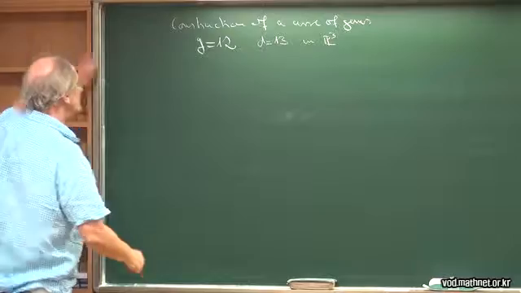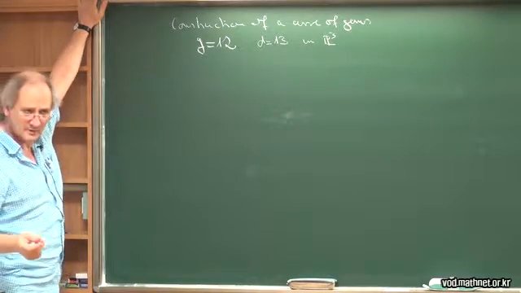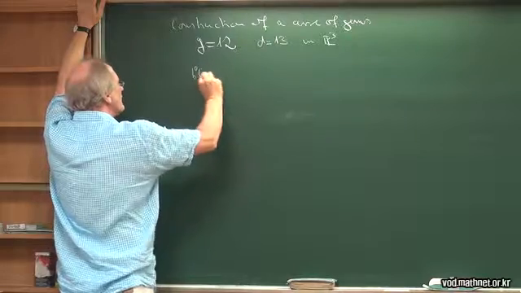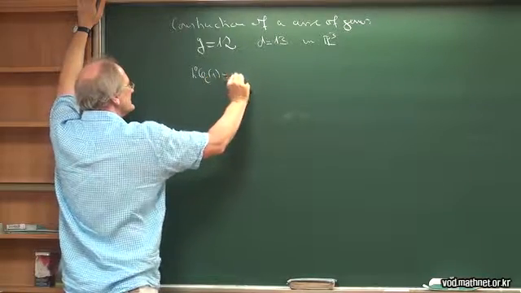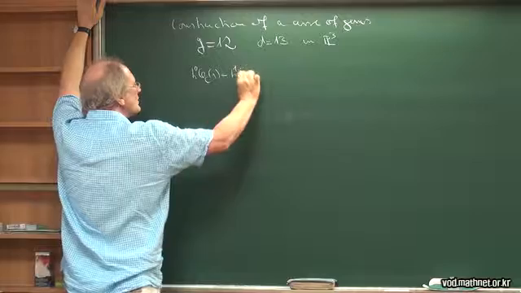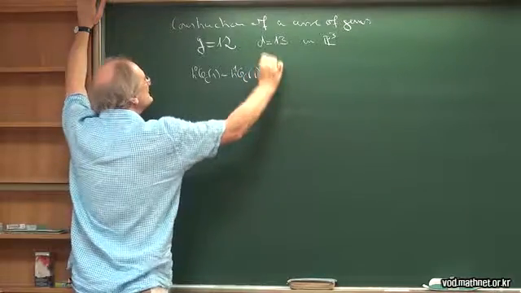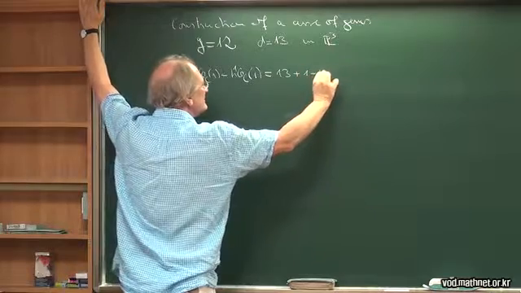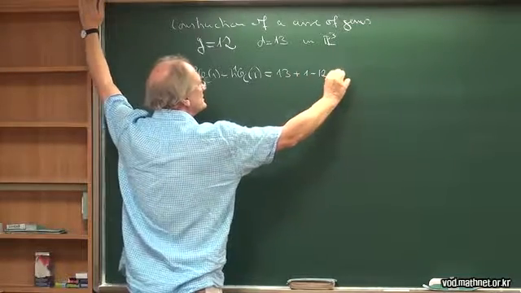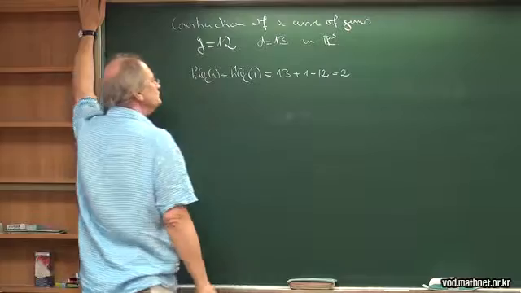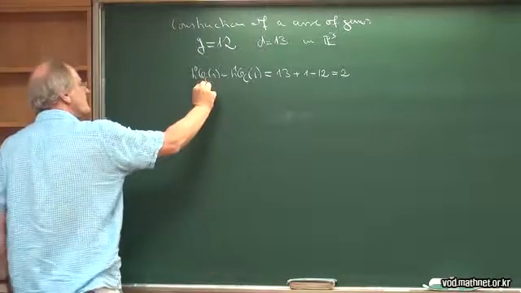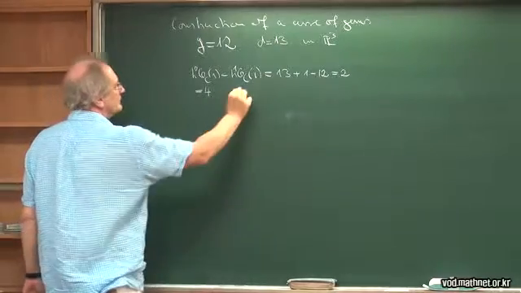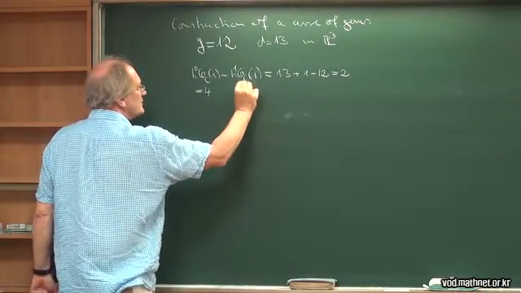So just to get H0 and H1 right, so we get sort of H0 of O_C(1) minus H1 of O_C(1). This should be 13 plus 1 minus 12, which is 2. Right? So this should be 4 and this should be 2.